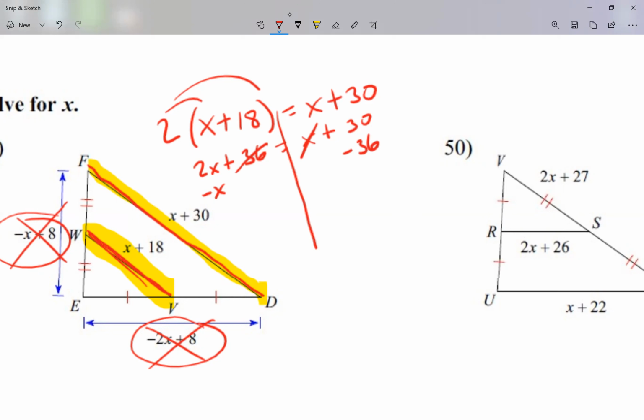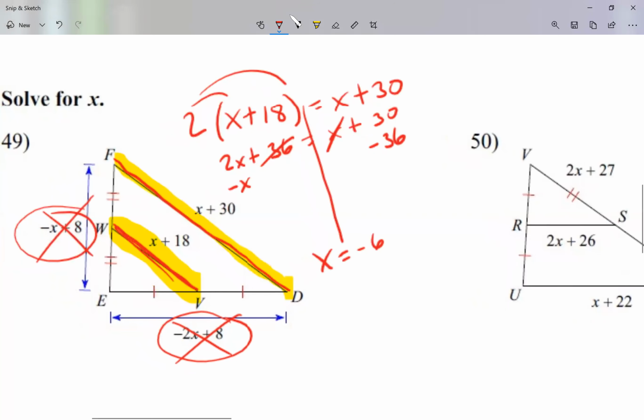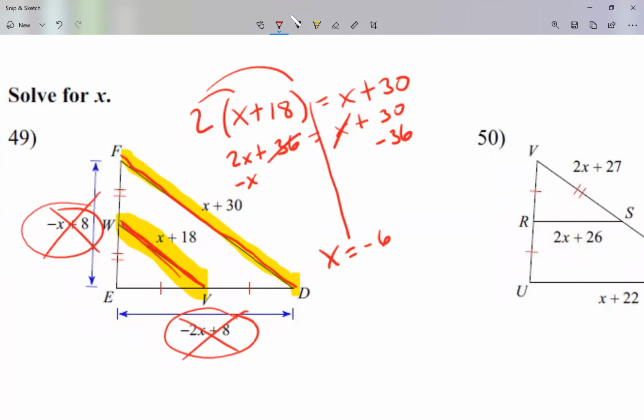On the left, I have 2x minus 1x, so that is 1x. On the right side, I have 30 minus 36, that is negative 6. So the instructions were solve for x. Remember, solve for x basically means what's the value of x? I just found out that x equals negative 6.